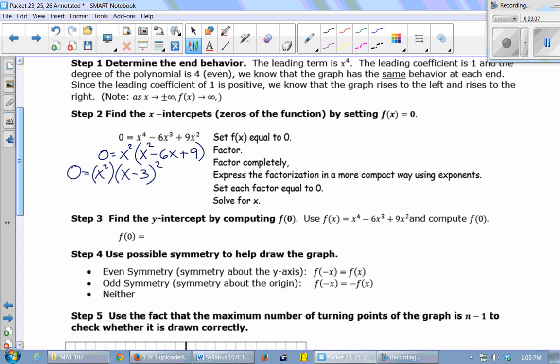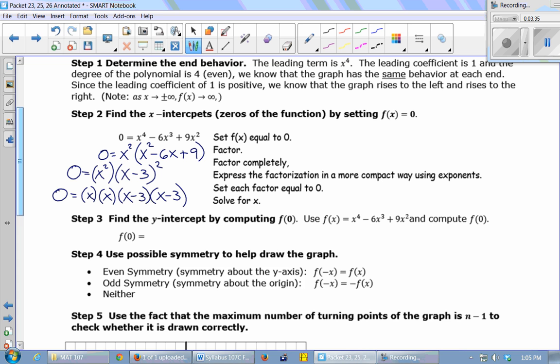x squared minus 6x plus 9 factors to x minus 3, x minus 3. Then I set each factor equal to 0. Before I do that, I'm actually going to write out all 4 of my factors because I have some things that are being squared here. So I have 0 is equal to x times x. That's what x squared is. And x minus 3 squared is x minus 3 times x minus 3. So I've got 4 things being multiplied together, and I'm getting an answer of 0, which means at least one of those things has to be 0.